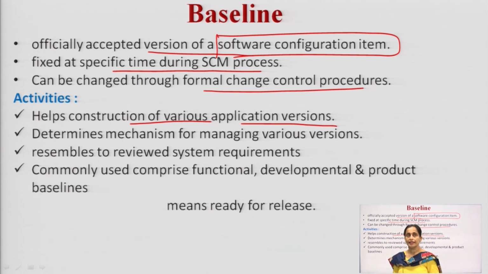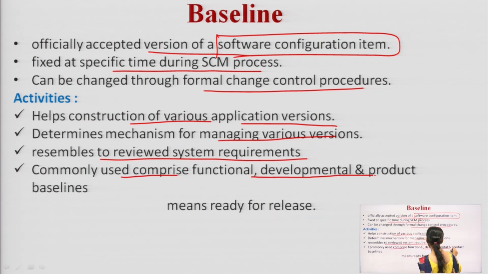It determines the mechanisms for managing the various versions, because now we have changes in the software and it will comprise different versions of the software. It corresponds to reviewed software system requirements. Commonly used baselines comprise functional, development, and product baselines. A baseline means we are now ready for release.